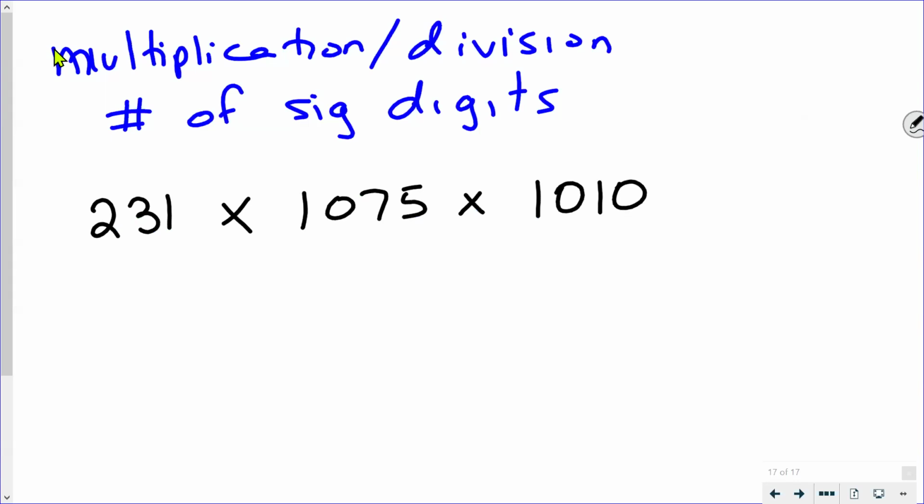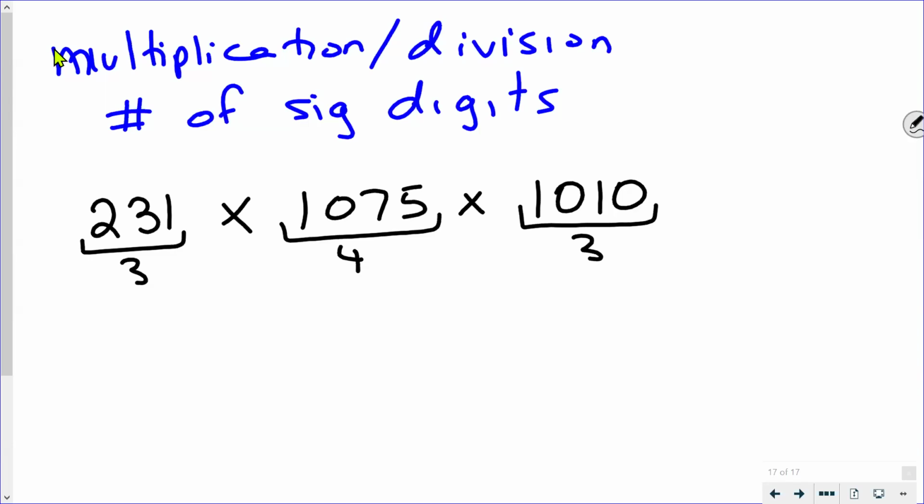How many digits? 3. How many here? Four. And here? Also four. Significant figures, three. So do I end with 3 or 4? When I end this answer, I end with 3, right?